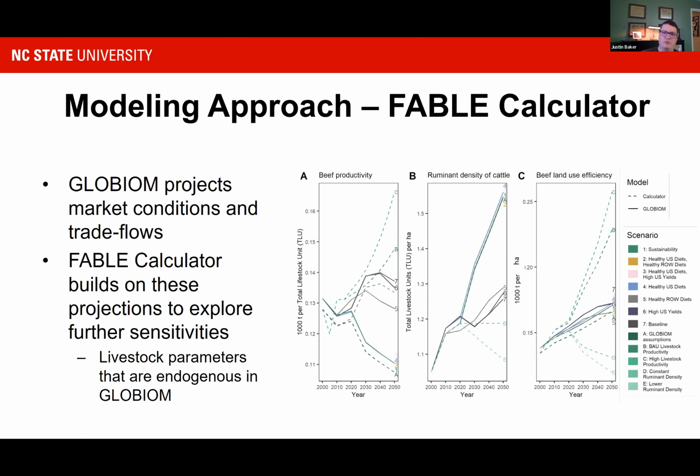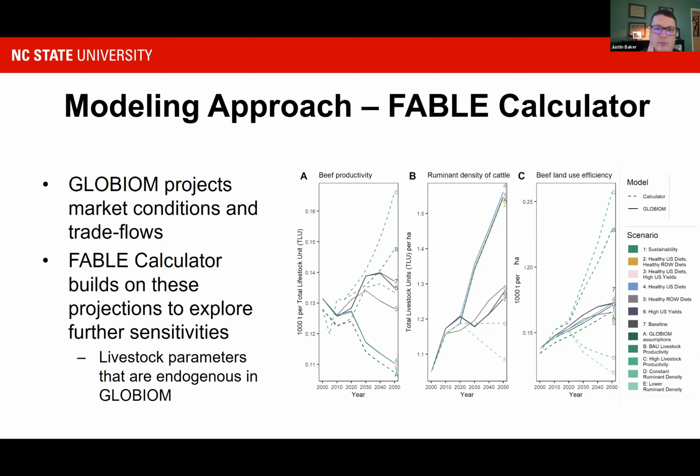Okay. The reason we link multiple models here, we can use a model like GloBiome just fine to present these alternative future projections, but the calculator allows us to provide variability bounds and run additional sensitivity scenarios around key input parameters. And so here we focus on additional sensitivity analysis related to livestock production intensity.